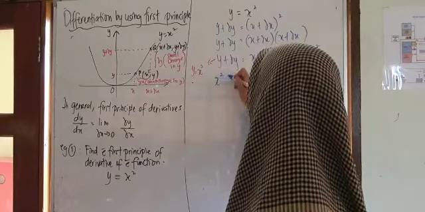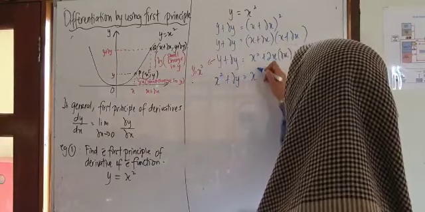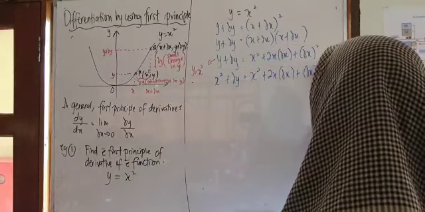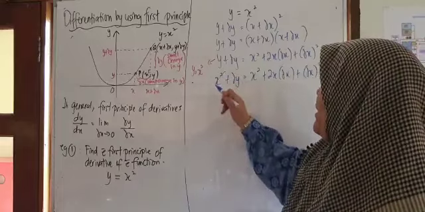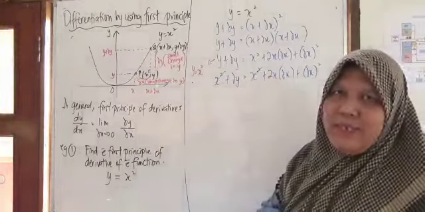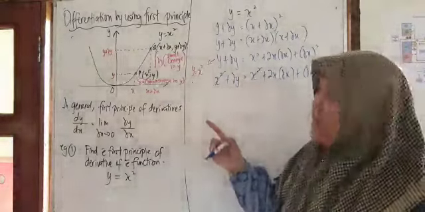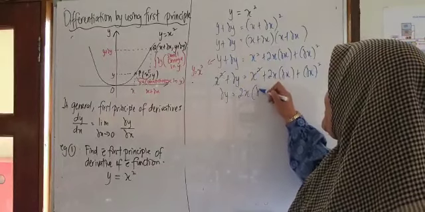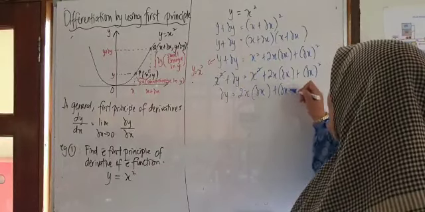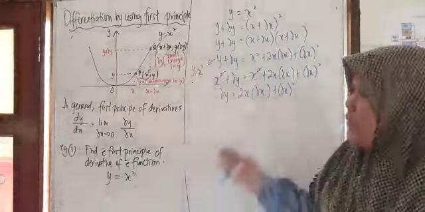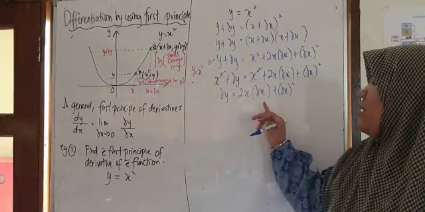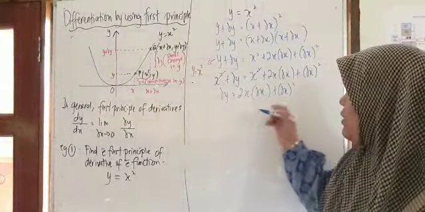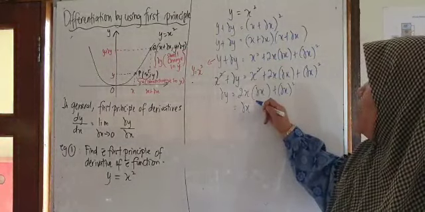So x squared plus delta y equals x squared plus 2x delta x plus (delta x) squared. So x squared can be cancelled out because it can be subtracted. So delta y equals 2x delta x plus (delta x) squared. As we can see at the right hand side, we have the common term, which is delta x. So if we have common terms, we just factor out the common terms.